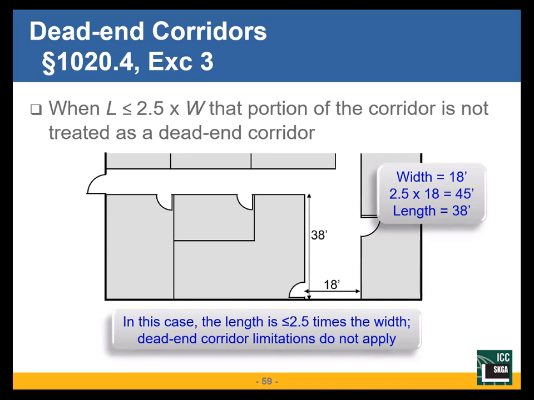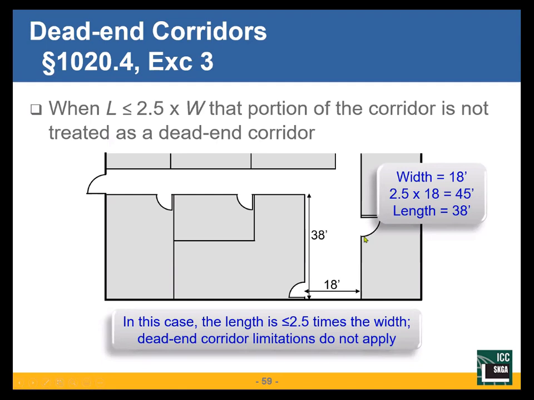I still have issues with the longer this gets, how far do I have to go. In many cases, 75 feet may be the maximum because this is my common path of egress travel to here. My common path of egress travel for this room and this room, from here to here to here to here, may be a limitation.